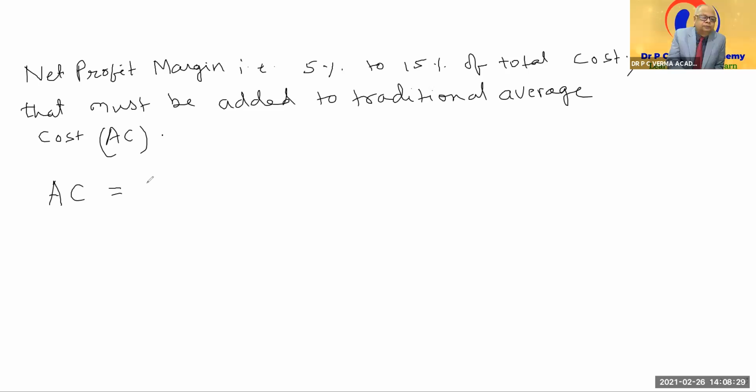AC is equal to average variable cost plus average fixed cost plus NPM.